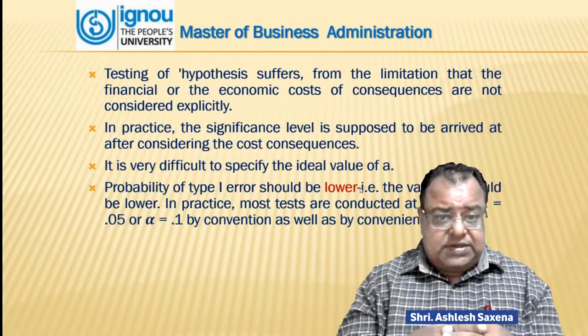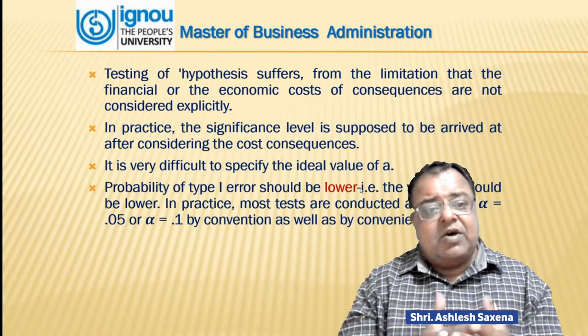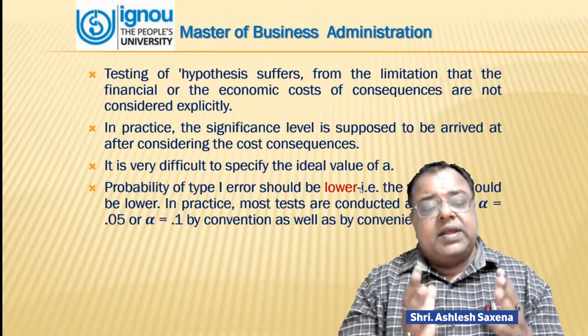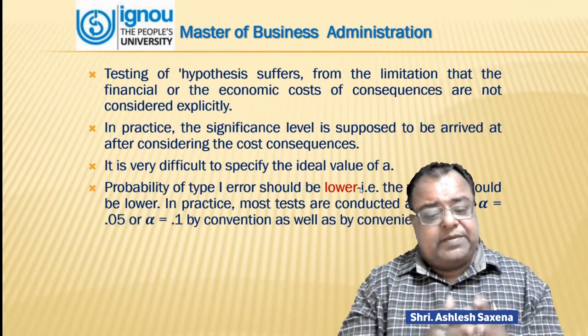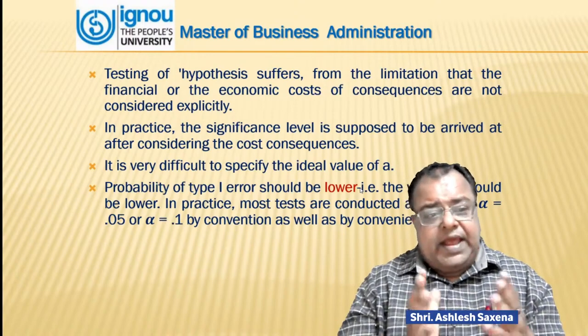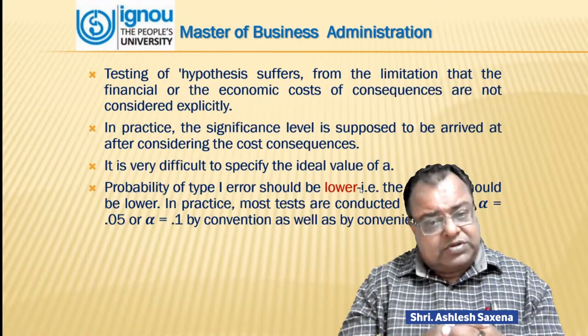Testing of hypothesis suffers from the limitation that the financial or the economic cost of the consequences are not considered explicitly. In practice, the significance level is supposed to be arrived at after considering the cost of consequences.